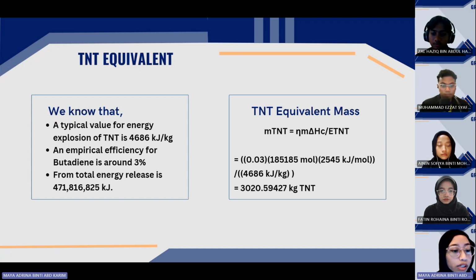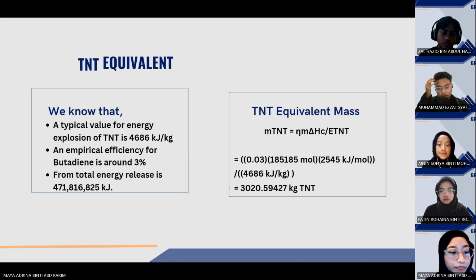But in our case of 1,3-butadiene, based on the literature and also studies on similar hydrocarbons, an empirical efficiency for butadiene is around 3%, and it is often considered reasonable under typical industrial conditions. And also the total energy from the previous slide is 471,816 kilojoule. So we can calculate the TNT equivalent mass, as shown in the formula below. So the mass of equivalent TNT is 3020.56 kg TNT.